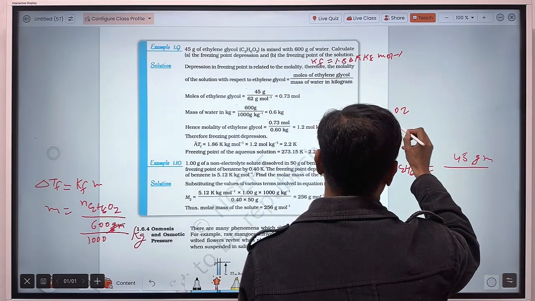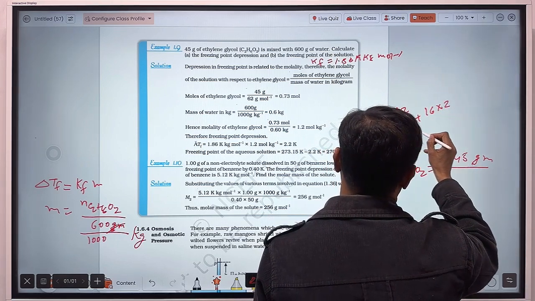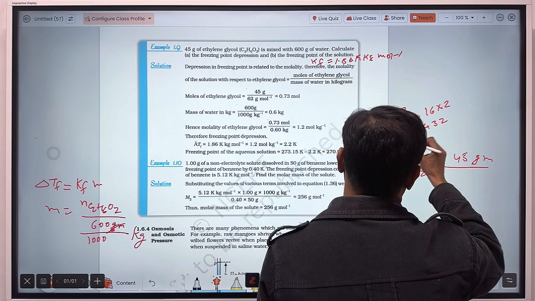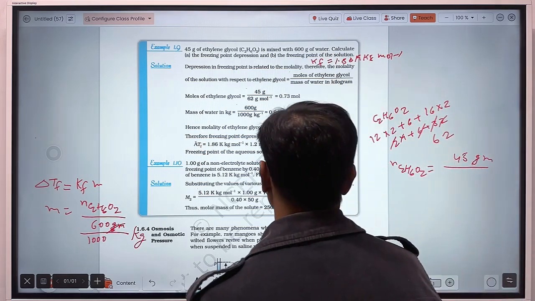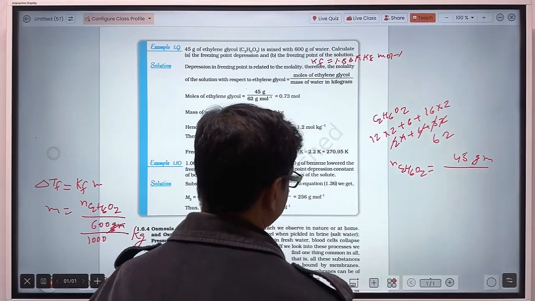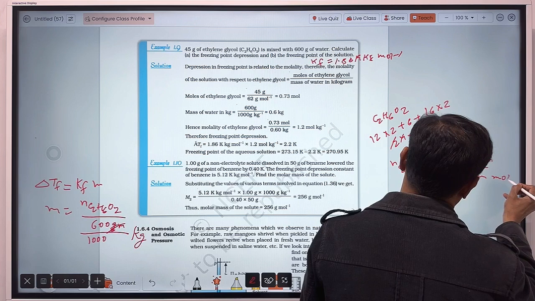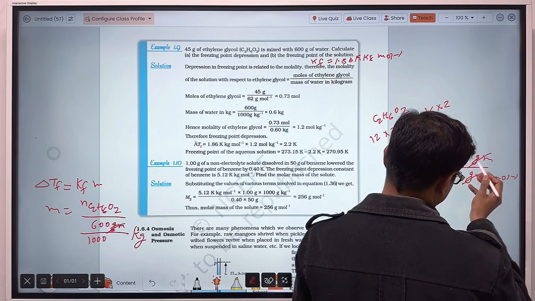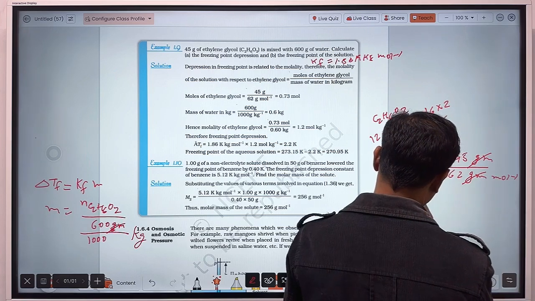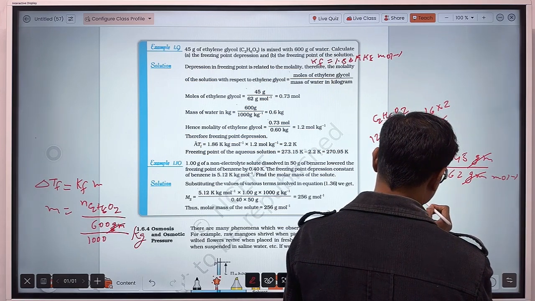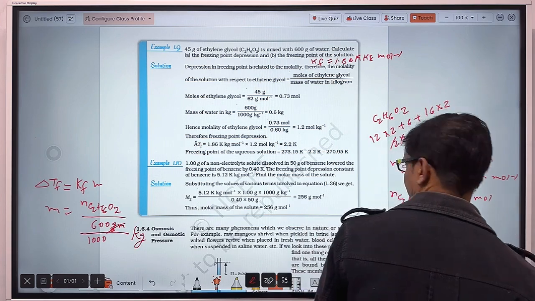Here 12 into 2 plus 6 plus 16 into 2, so the molecular weight of ethylene glycol is 62 gram per mole. Gram will cancel out. So the number of moles of ethylene glycol will be 45 upon 62 mole.